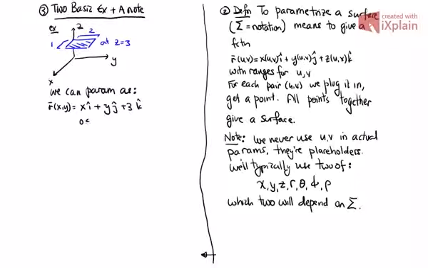We'll say that x goes between 0 and 1, y goes between 0 and 2. And that's it, right? So if you plug in all these x's and y's, you get the rectangle when you think of them as points.